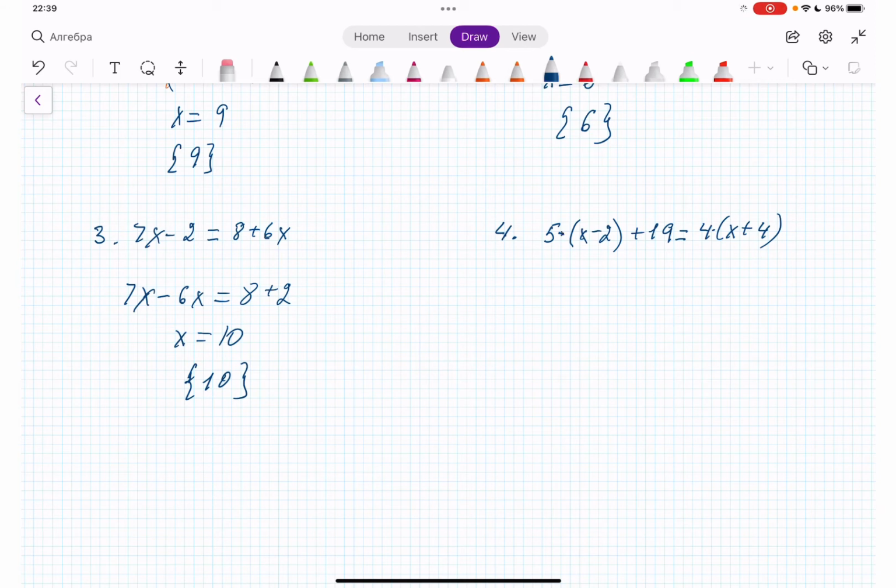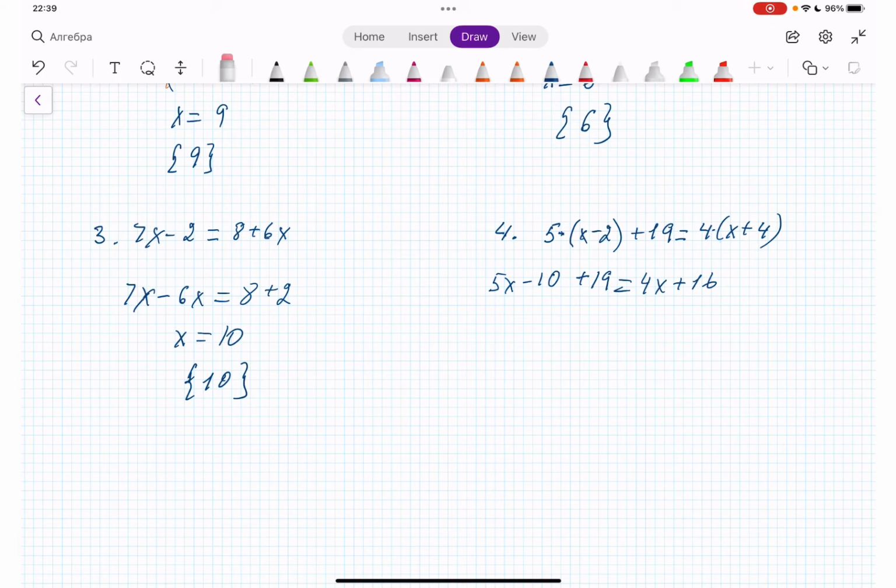So what do we have? 5 times x is going to be 5x. 5 times negative 2 is going to be negative 10, right? Let me clean this. Next, plus this 19 stays there. Next, we need to take 4 and multiply by x. It's going to be 4x. And 4 times 4 is going to be 16.